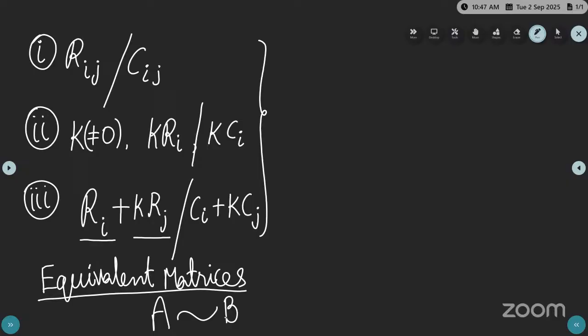For equivalent matrices, the order remains the same, as well as their ranks are also equal.